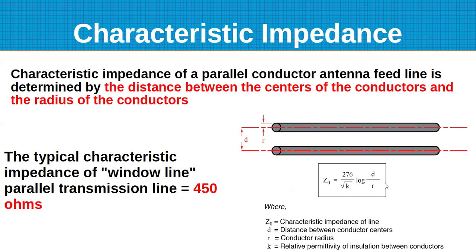But there's a formula for parallel lines where you have this constant, the 276 over the square root of the permittivity, which we call dielectric, times the log of the separation distance divided by the radius. Now, you're not going to have to do that formula. This shows you how it's calculated.